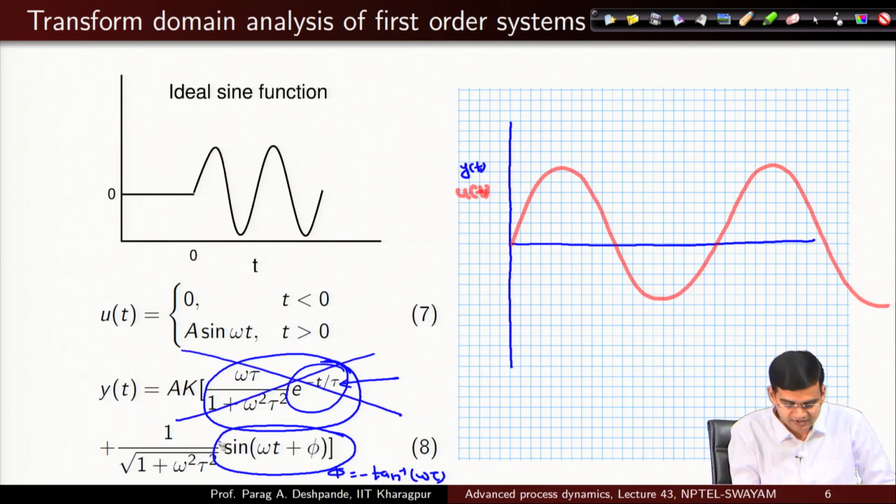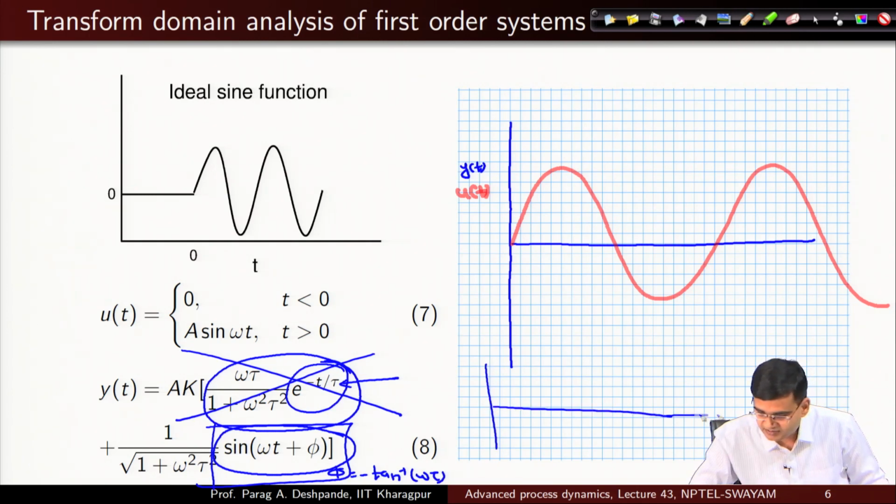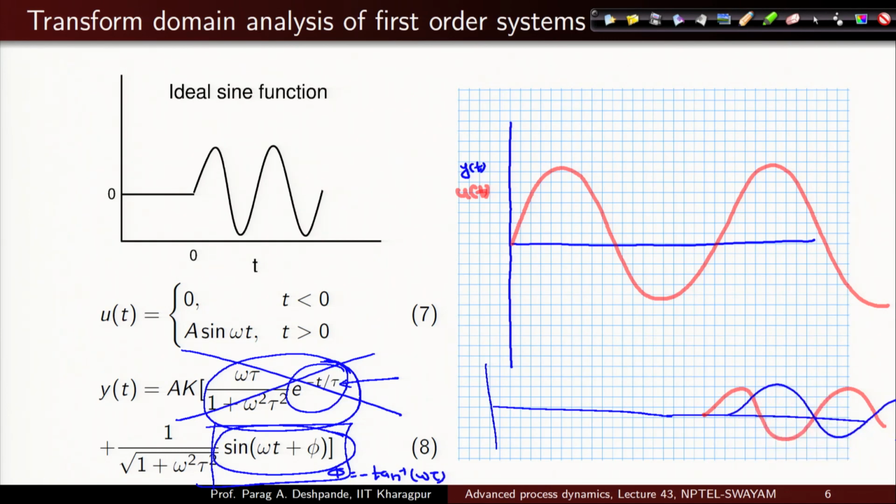All you will be left with will be sine of omega tau, and therefore, what is going to happen is you will have something like this, not initially, you will have something like this. There would be a phase difference.